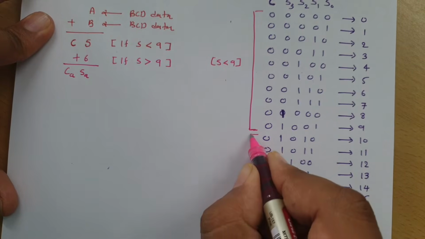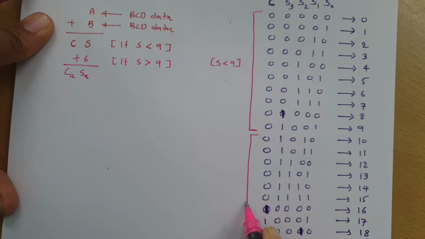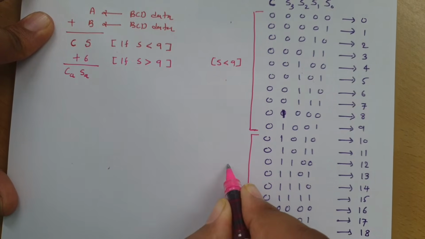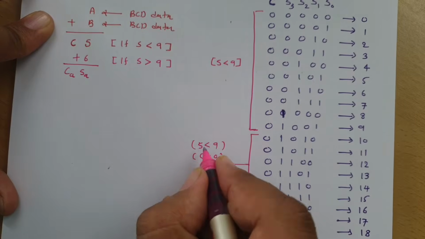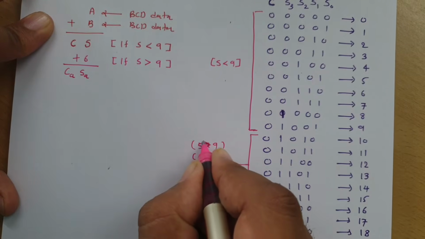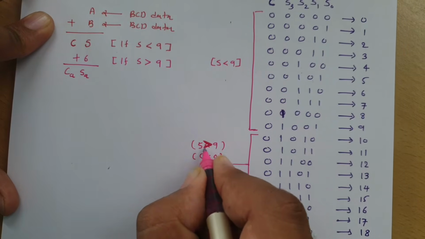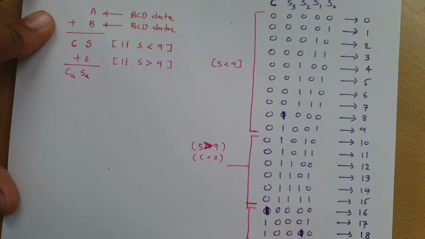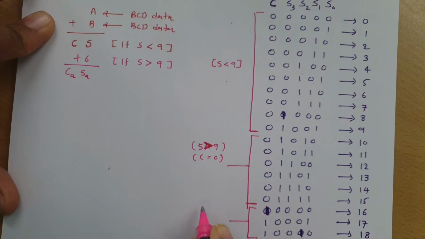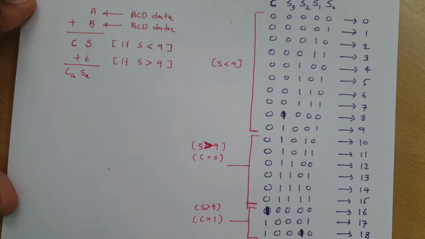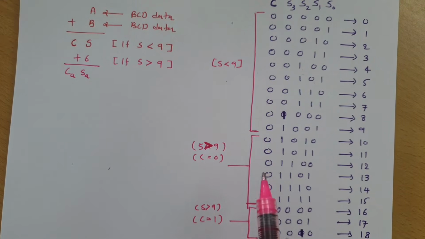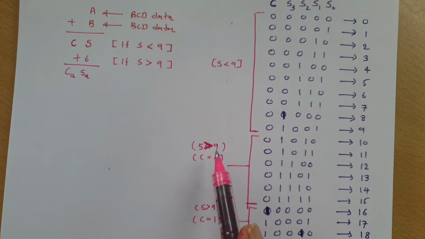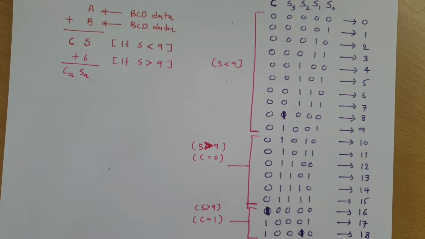One is where the addition is greater than 9 and carry is equal to 0. And with this other possibility, you can see addition greater than 9 and carry is equal to 1. This is how the possibilities are, and our agenda is to use all these possibilities.